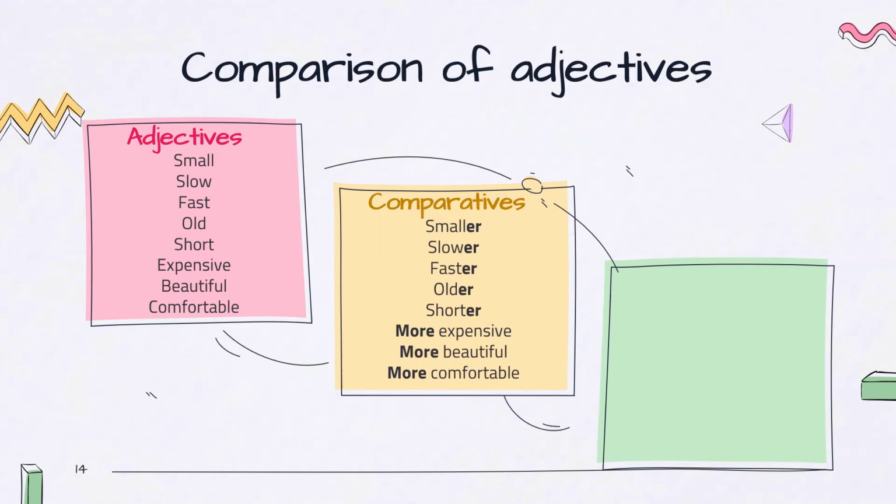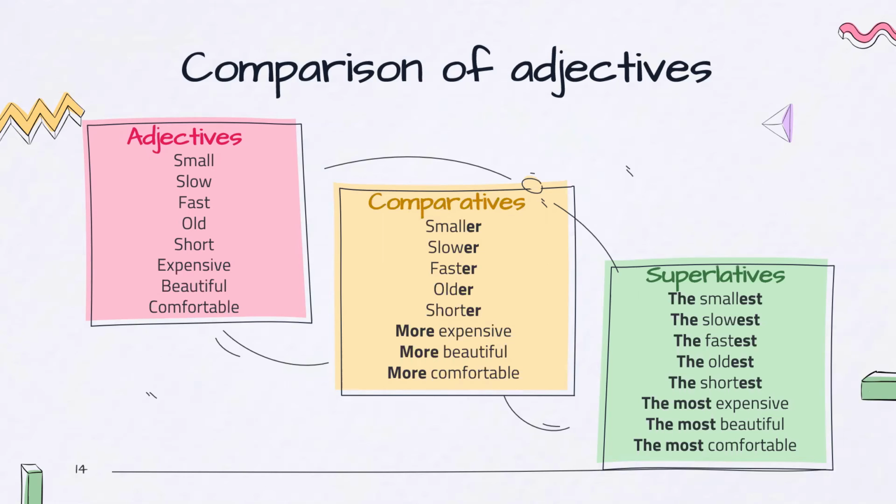And lastly, we have the superlative. And here we have the smallest, the slowest, the fastest, the oldest, the shortest, the most expensive, the most beautiful, and the most comfortable.